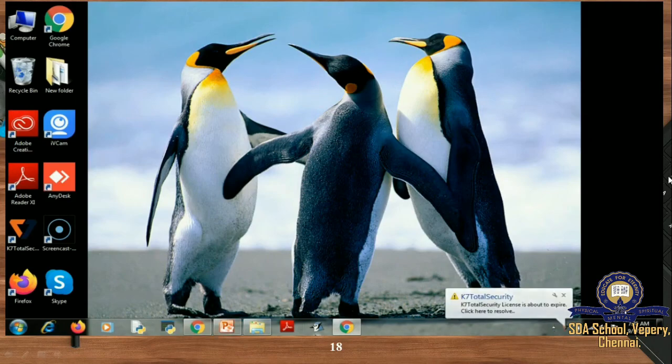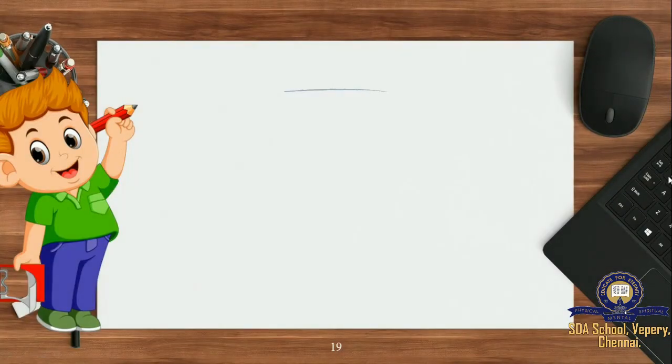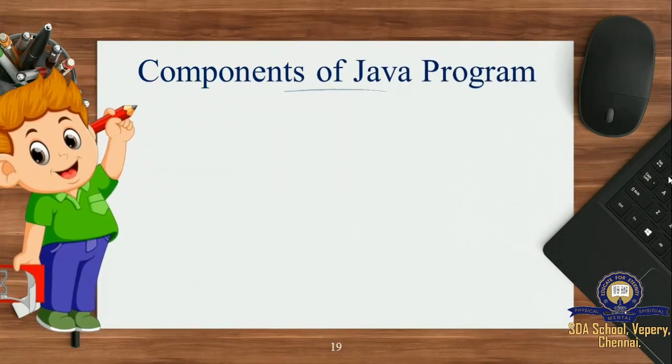components of Java program. Now you all know how to write a program. Now we are going to learn what components are required for a Java program. In this we have a total of 5 components.